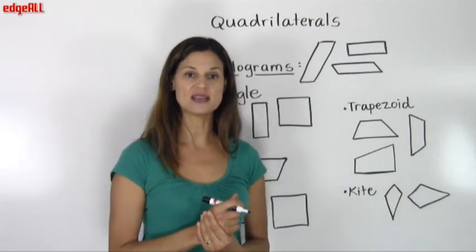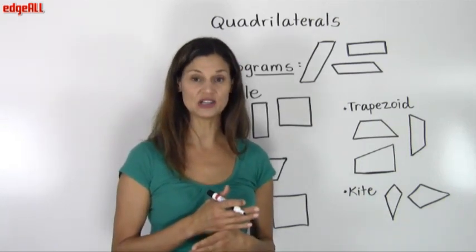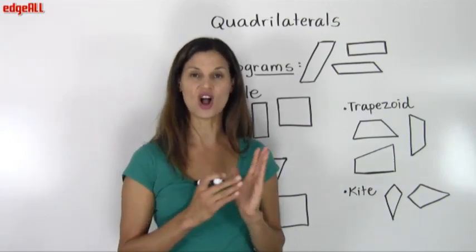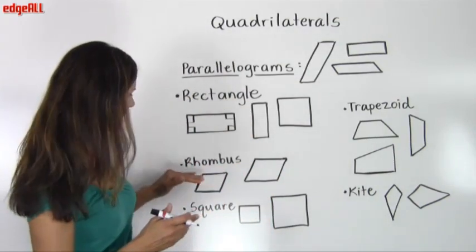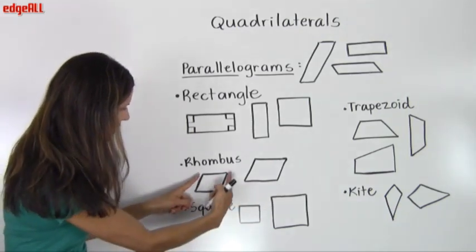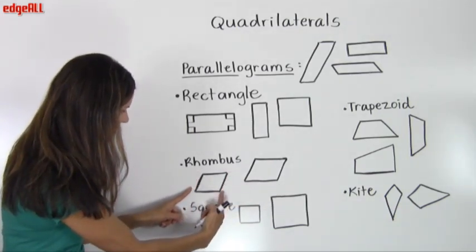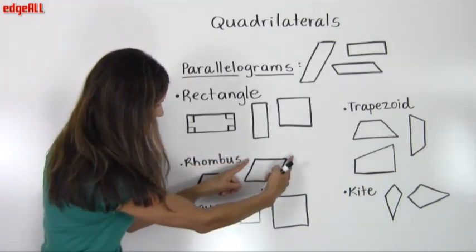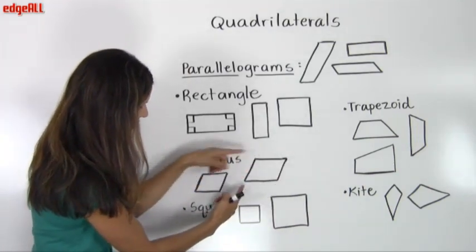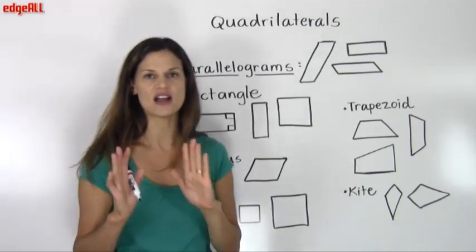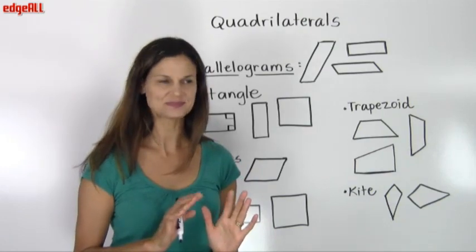Now, since a rhombus is a specific type of parallelogram with 4 equal sides, all of our rhombuses are also parallelograms. So here are a couple examples of rhombuses. I have these 2 sides parallel to each other and these 2 sides parallel to each other, and all 4 sides in a rhombus are of equal length.